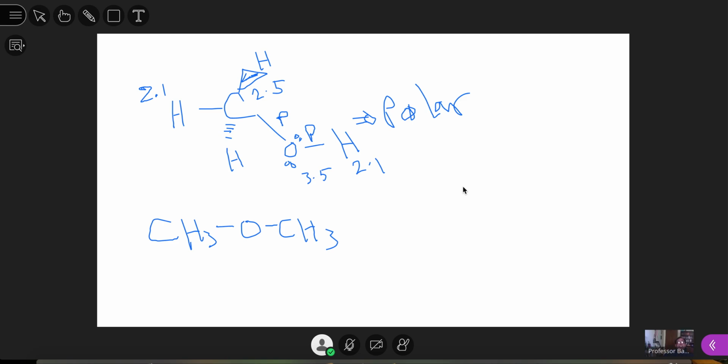It has three non-polar bonds, but remember, it also has two polar bonds: one carbon-oxygen polar, one oxygen-hydrogen polar. So the criterion for a molecule to be polar is that it must have at least one polar bond. This molecule has two polar bonds, so it's okay. Thank you. You're welcome.